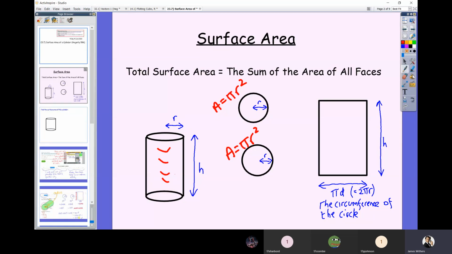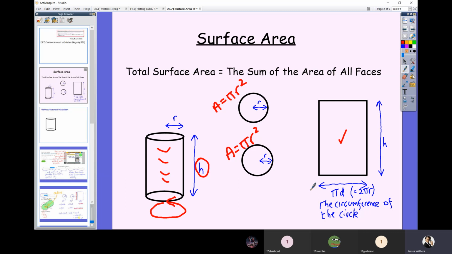So that curved surface area is this rectangle that I've drawn over here on the right, and clearly we can see the height of the rectangle would be h. Now, as you unfold that kitchen roll, can you see that the circumference of the circle, and by that, remember, that's all the way around there, the circumference of the circle will form the other length of the rectangle.